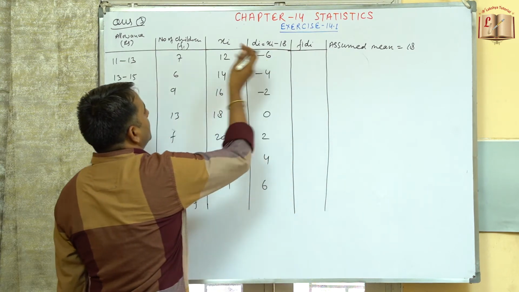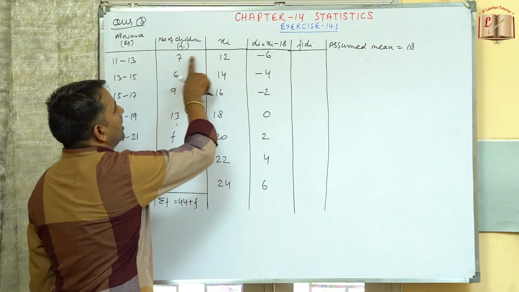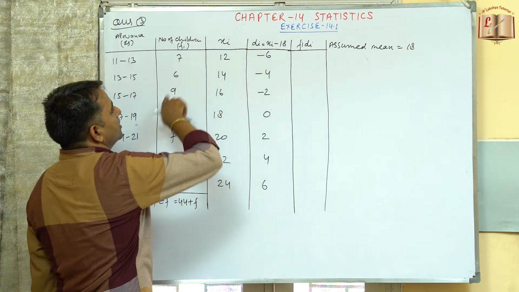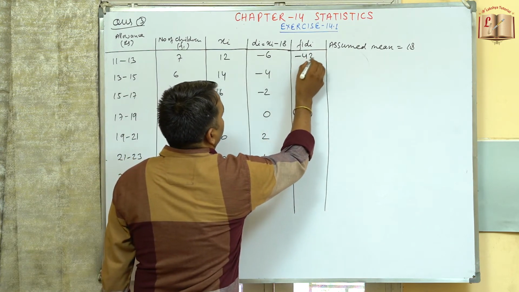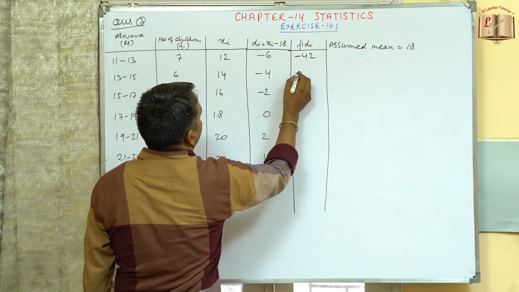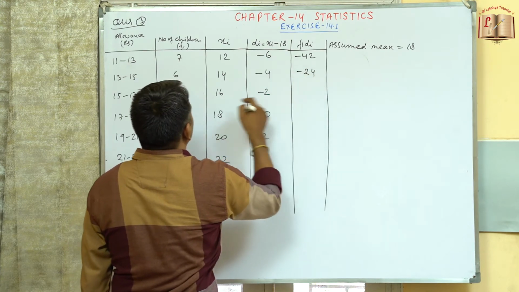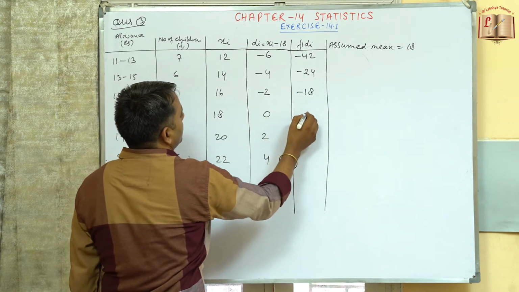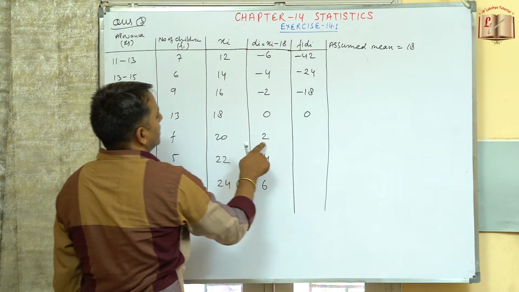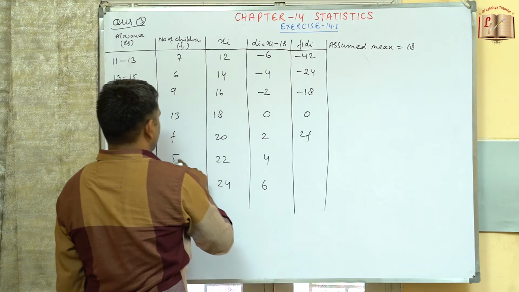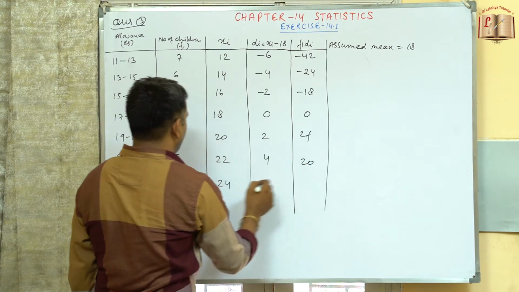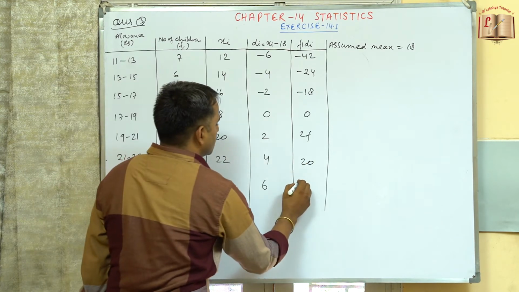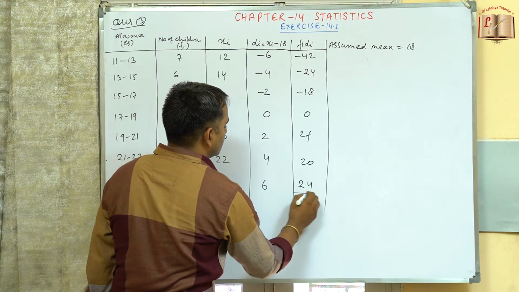So fi is 7 and di is minus 6, so this will be minus 42, and again here will be minus 24, minus 18, then this will be 0, then here this will be 2f, and here it will be 20, and 4 into 6, this will be 24.